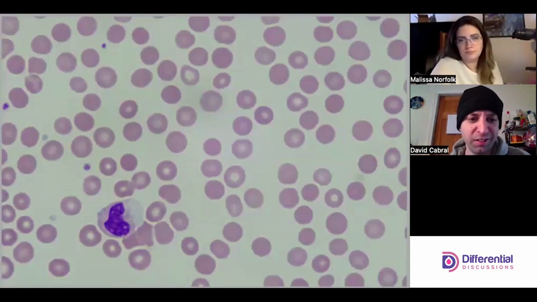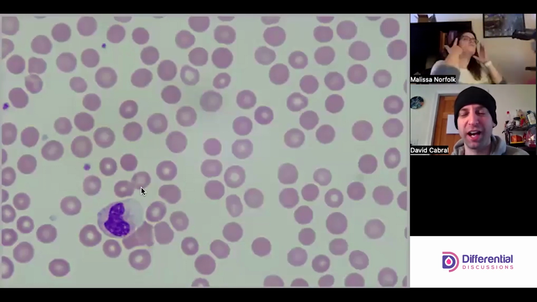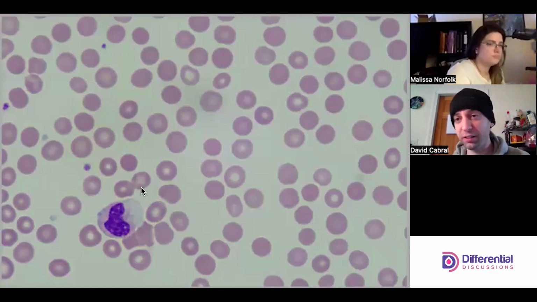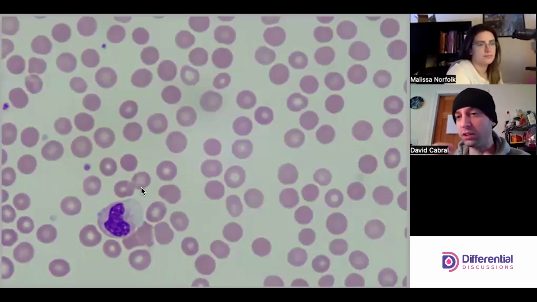What's going on with this fella? It looks like his granules are all pushed off to the side, so part of his cytoplasm has no granules in it. This is a good moment to learn what a cytoplasm looks like when there's nothing in it. On occasion, usually in oncology patients in my experience, you'll encounter neutrophils that have no granules, either agranular or hypogranular, and you'll see this ghosty blue cytoplasm.